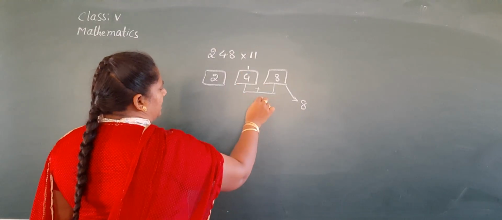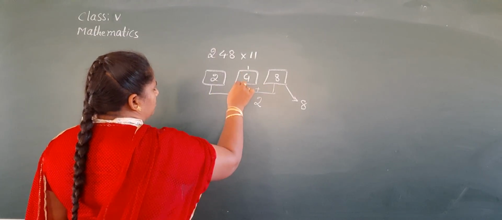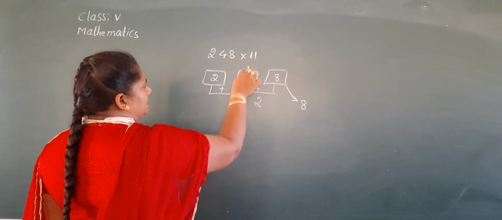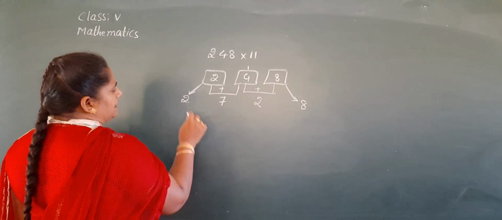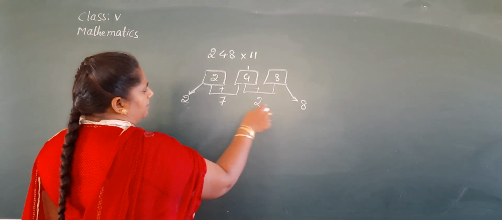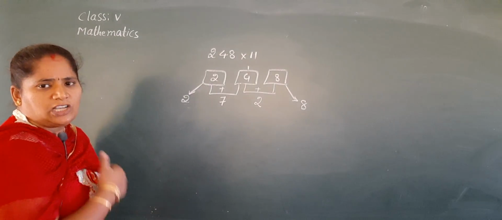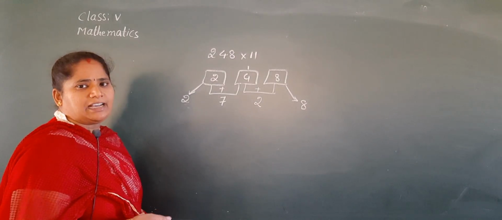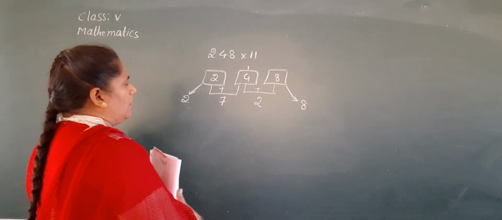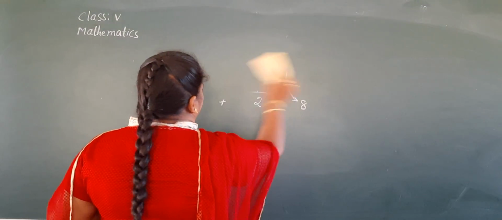So 1 carry, 2 down. Now you add these two numbers. 2 plus 4, 6, 6 plus 1, 7. And you write this last. So the answer is 2728. Is it easy or difficult children? Yes, it is very easy. This is all we completed in the previous class.